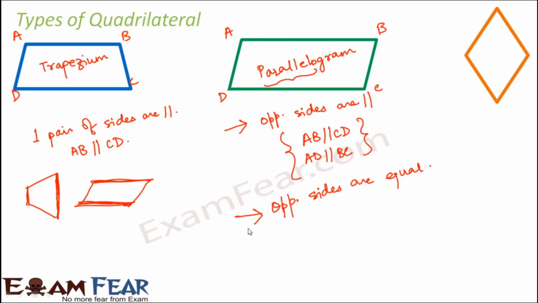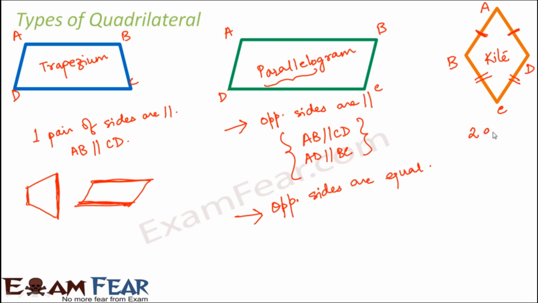The third type of quadrilateral that we will discuss is a kite. The kite is a very known thing, I'm very sure, to all of you. You see this shape is in the shape of a kite. Now what are its properties? Here two adjacent pairs of sides are equal. That means adjacent sides, this side and this side, lengthwise these two are equal. Similarly these two are equal.